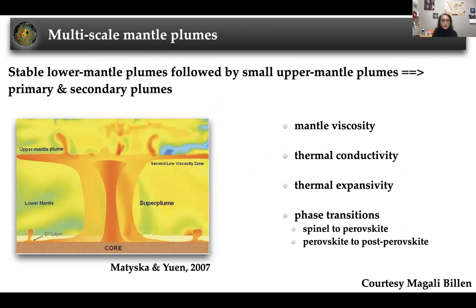And of course, there are different theories to explain these mantle plumes. Multi-scale mantle plumes is one of them, which says that the stable lower mantle plumes may be followed by smaller upper mantle plumes like this. This change happens at around 660 kilometers or 1,000 because of the change in mantle viscosity, thermal conductivity, thermal expansivity, or the phase transitions.